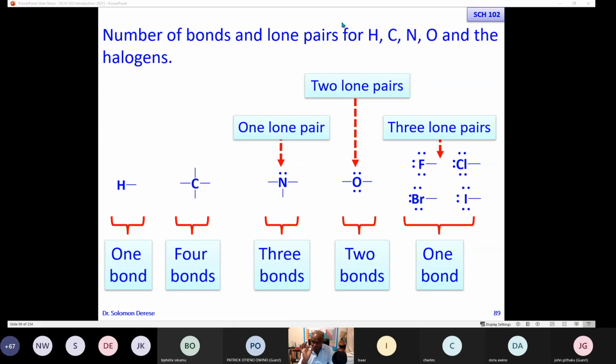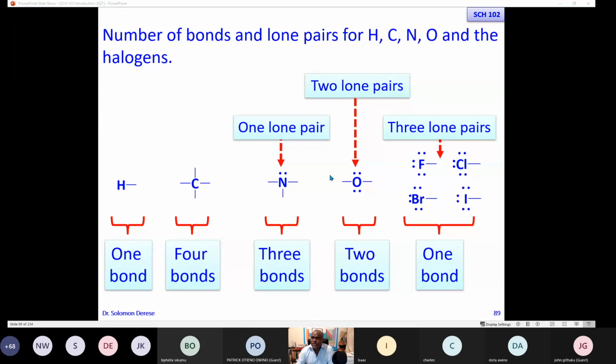So on the oxygen of water, you'll have 2 lone pairs of electrons. It is together with these 4 electrons that you'll see 8 electrons in the oxygen atom in water.